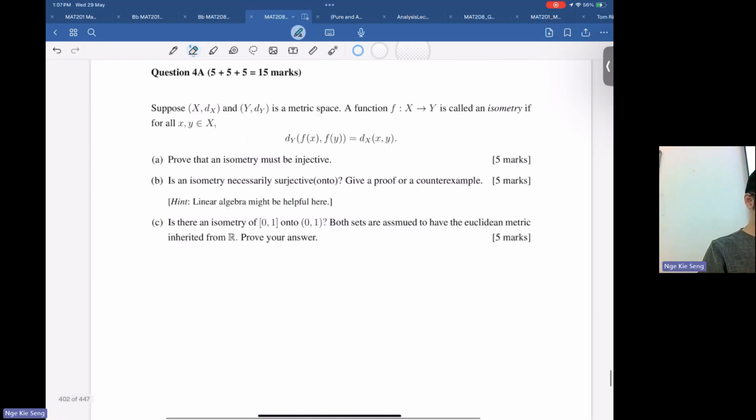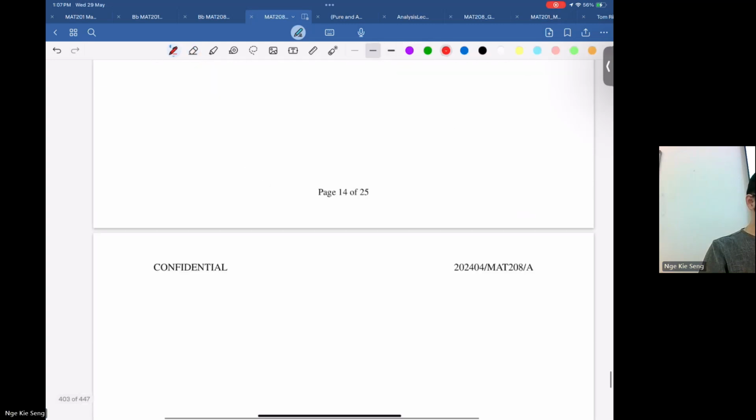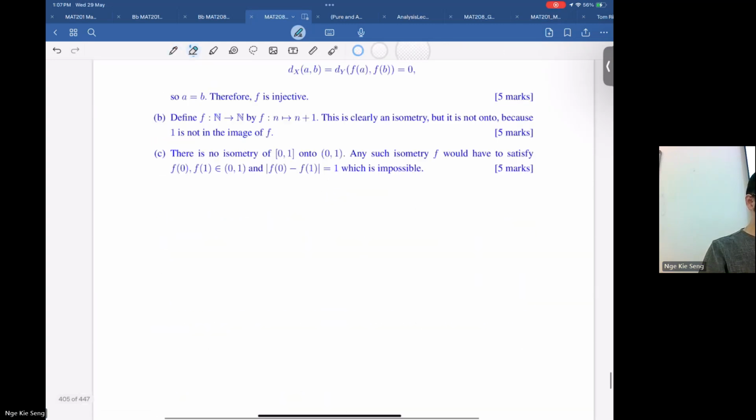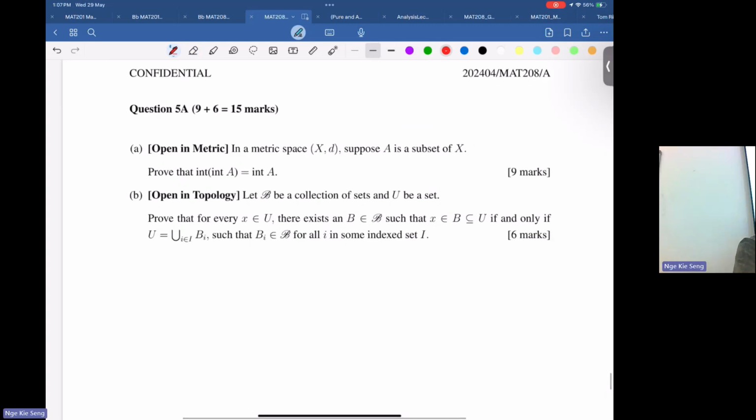Okay, this is question 4. Question 5, this one. I want to demonstrate to you why it makes sense to define, for example, in metric spaces, a set A is open if A equals int A. Because if you take the interior again, you still get int A. You get what I mean?